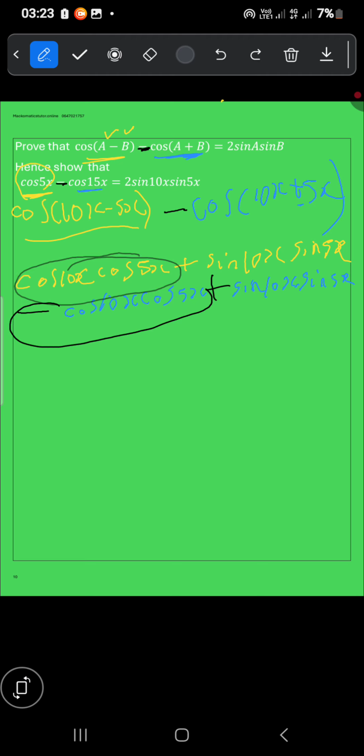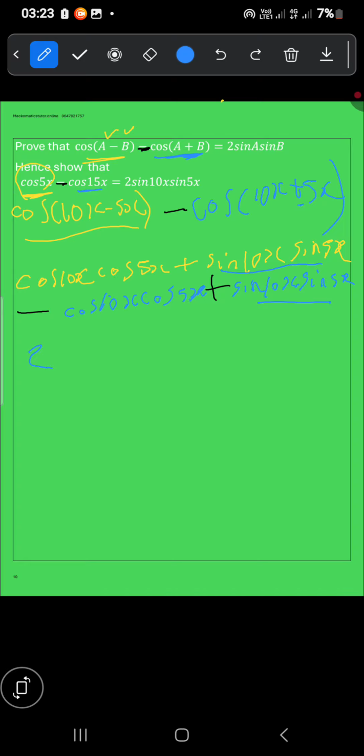They subtract each other. Then you are left with this part and this part added together.